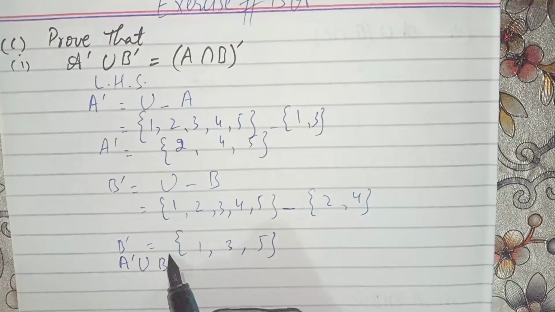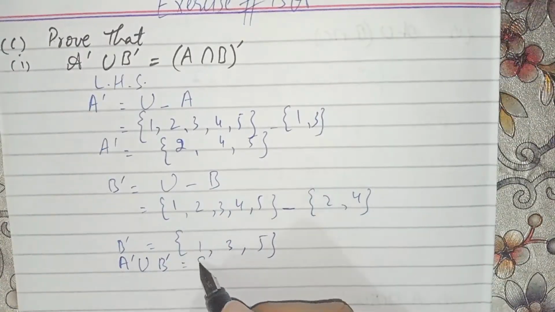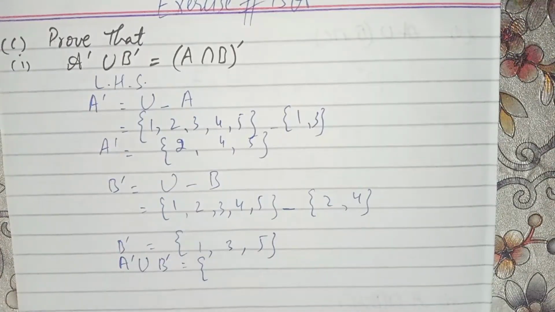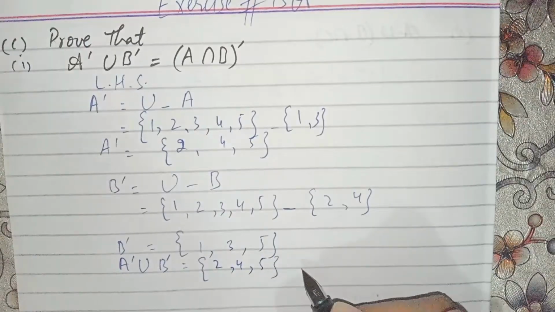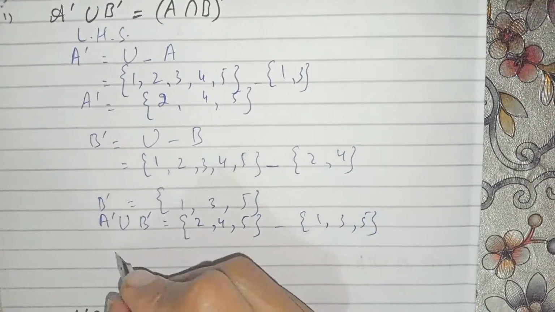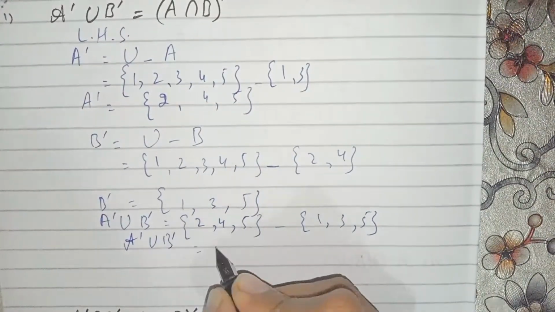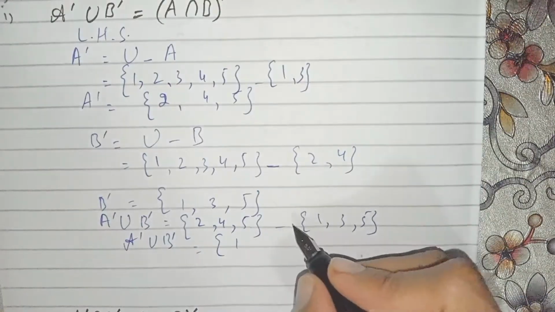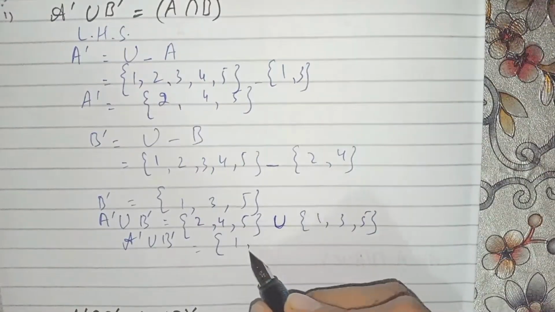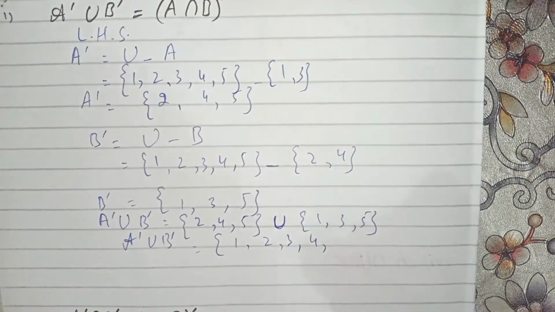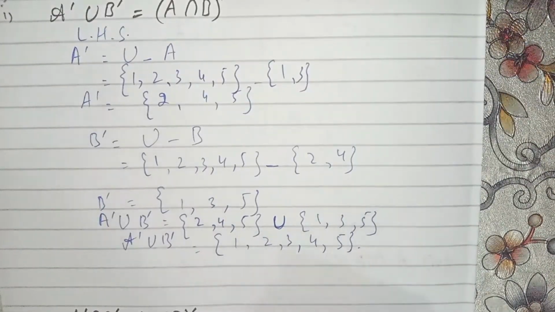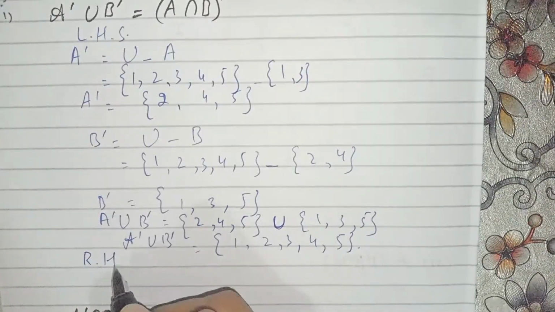A complement union B complement is equal to, A complement is 2, 4, 5 and B complement is 1, 3, 5. By getting the union of it, we get 1, 2, 3, 4 and 5. Now students, we have to do the right hand side.